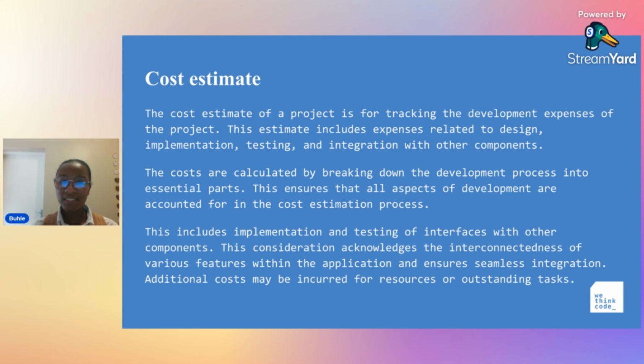The cost estimate of the project is for tracking the development expenses of the project. This estimate includes expenses related to design, implementation, testing, integration with other components. The costs are calculated by breaking down the development process into essential parts. This ensures that all aspects of the development are accounted for in the cost estimation process.